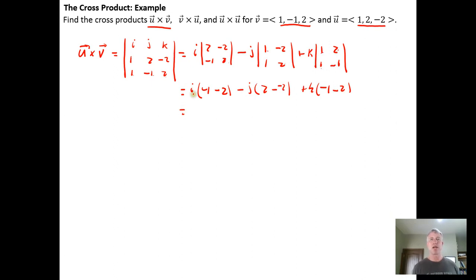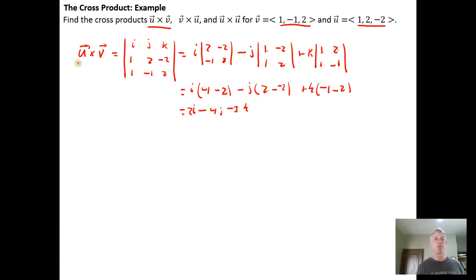And then simplify, we get i times 4 minus 2 is 2, so we get 2i, minus 2 minus negative 2 is 4, we get 4j, and plus k times negative 1 minus 2 is negative 3, so we get minus 3k.